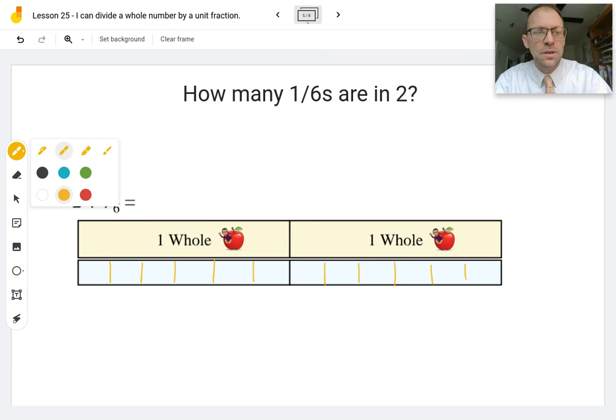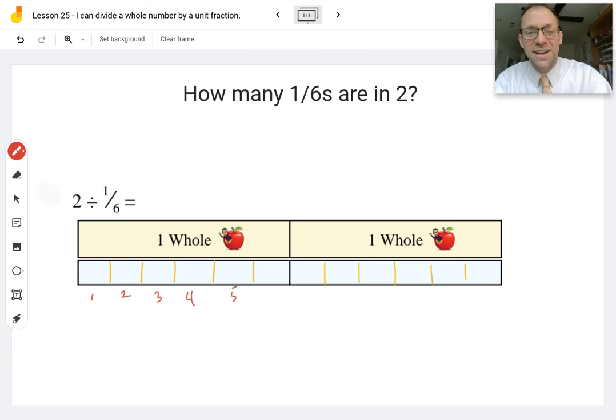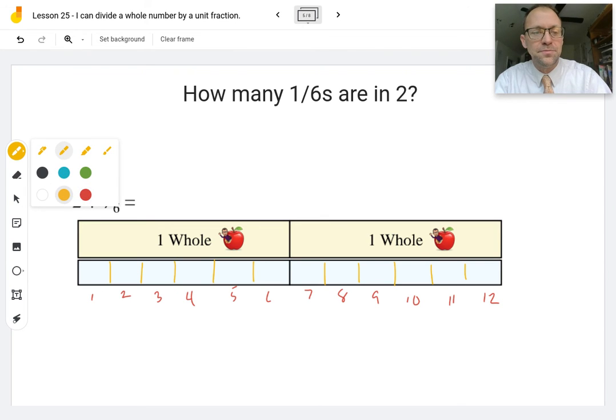Let's see, there's 1, 2, 3, 4, 5, 6, 7, 8, 9, 10, 11, 12 sixths, or 12 sixths in 2. So the answer to our division problem, 2 divided by 1/6, equals 12.